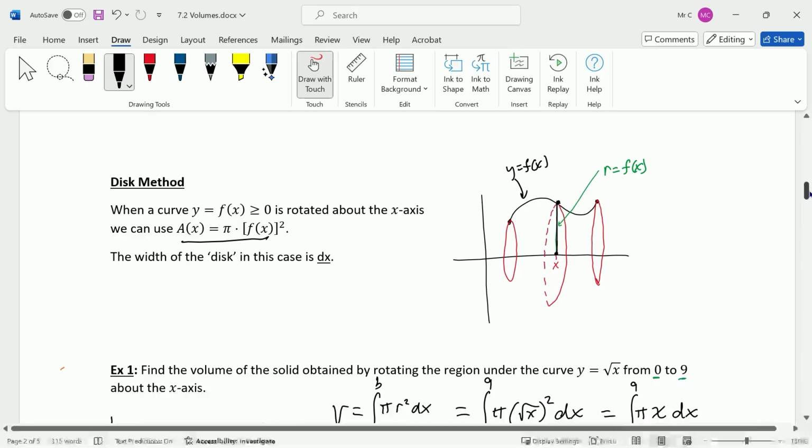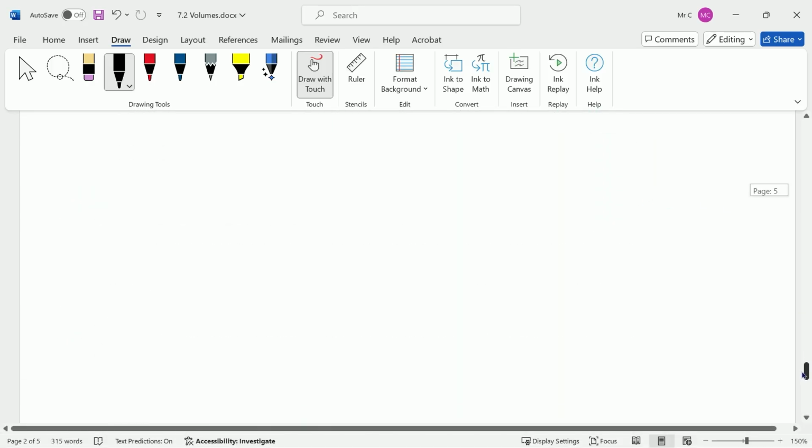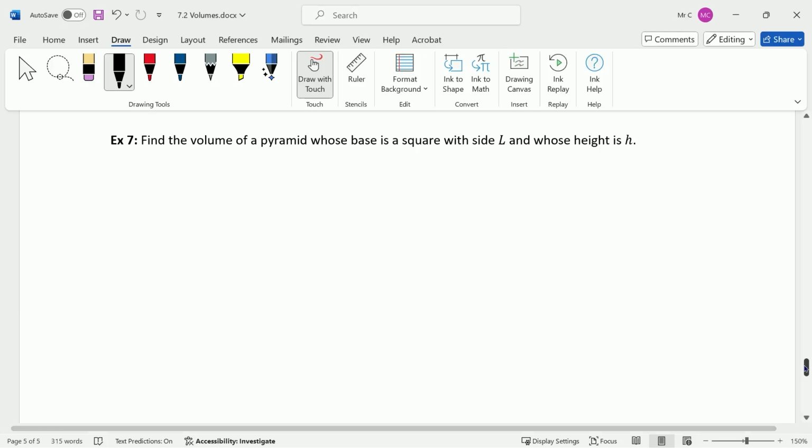But if we don't have a rotation about an axis or about a line, we're not going to get a disk area formula. So we have to come up with a different approach here. And in most of these problems, the approach will be pretty unique per problem, so you just have to work through the thought process to come up with something.